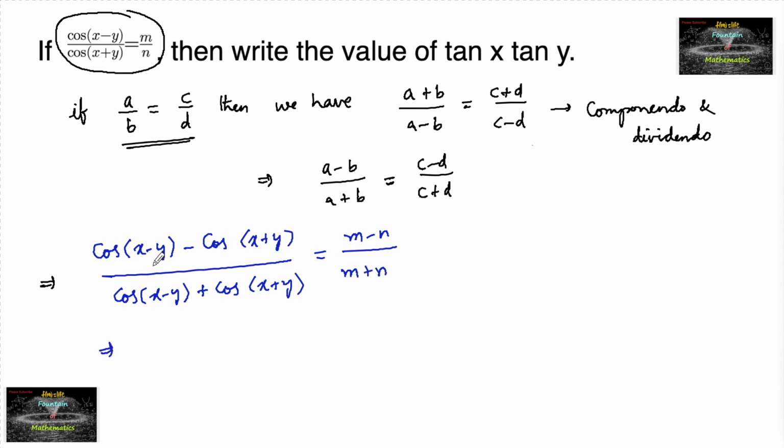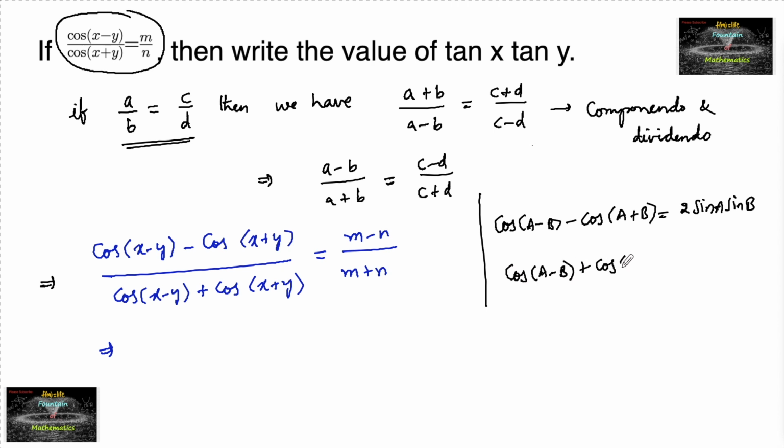And cos of a minus b minus cos of a plus b, we know the properties. Cos a minus b minus cos a plus b is equal to 2 sin a sin b, and cos a minus b plus cos a plus b is 2 cos a cos b.